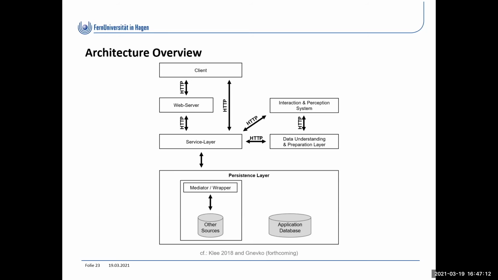to have some added value in using both systems. So we have some kind of a persistence layer, meaning the application database and a connection to other databases over a mediator and wrapper architecture. We have some service layers, the web server and the client.